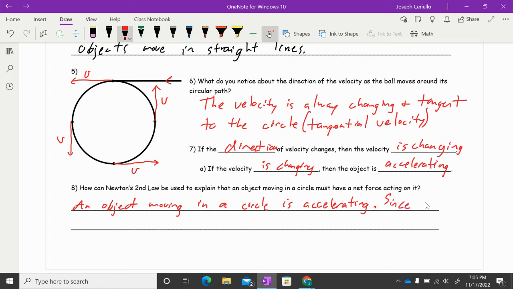Since a equals F net over m, there must be a net force to accelerate the object.